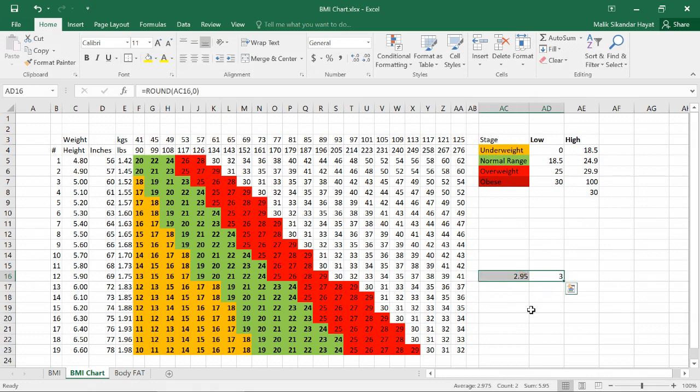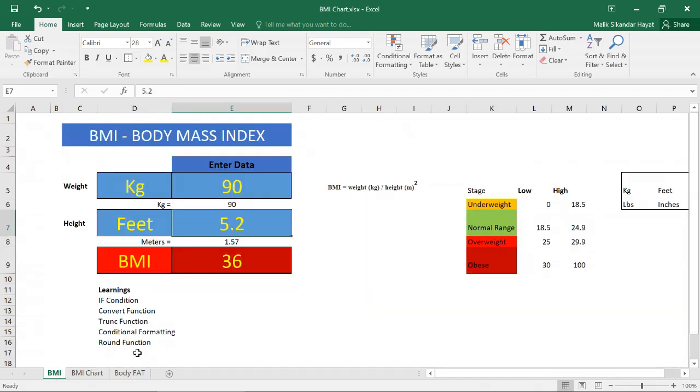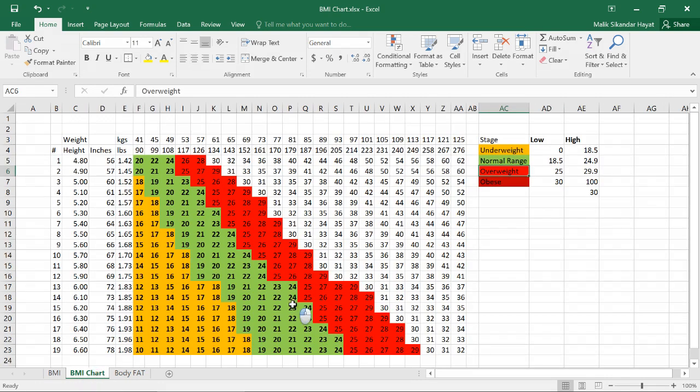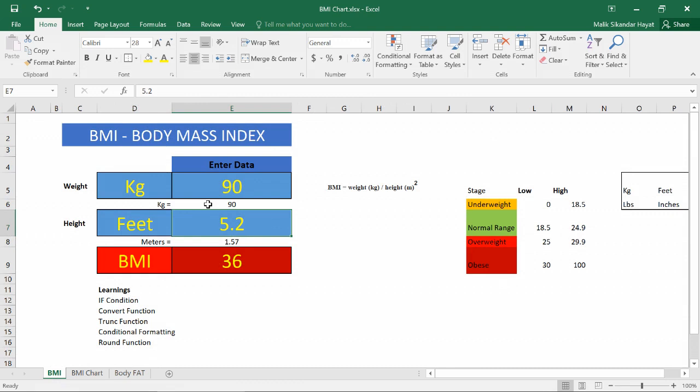Anyway, this is the round, and here we have these ranges, and if you see here, this red is overweight, this green is the normal range, and let's say for example if I take this current value 36, if I find here 36, this is the higher end. So let me reduce this to 70.